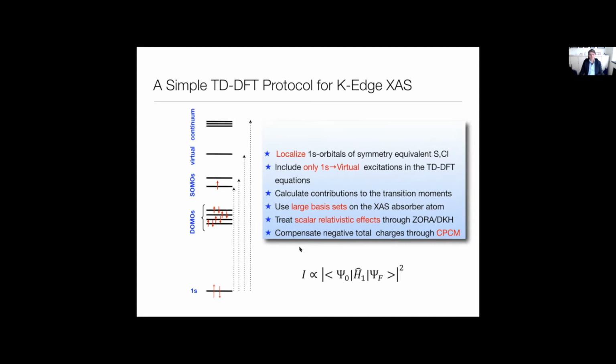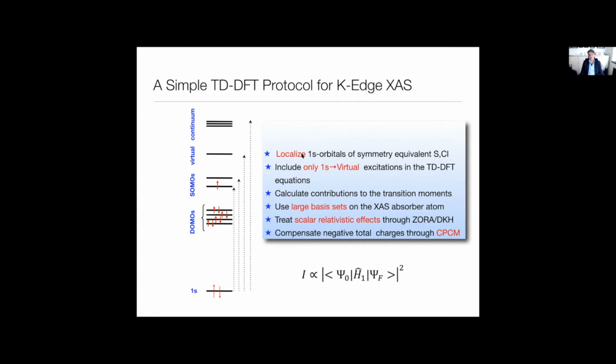So when we do that, if we have equivalent absorber centers, it's important to localize the 1s orbitals of symmetry equivalent nuclei, like metal nuclei or whatever the absorber is. And then you only include 1s to virtual excitations in solving the TDDFT or Rose's equations. The technical term here is the core-valence separation, but it's not a natural separation, it's a separation by assumption.